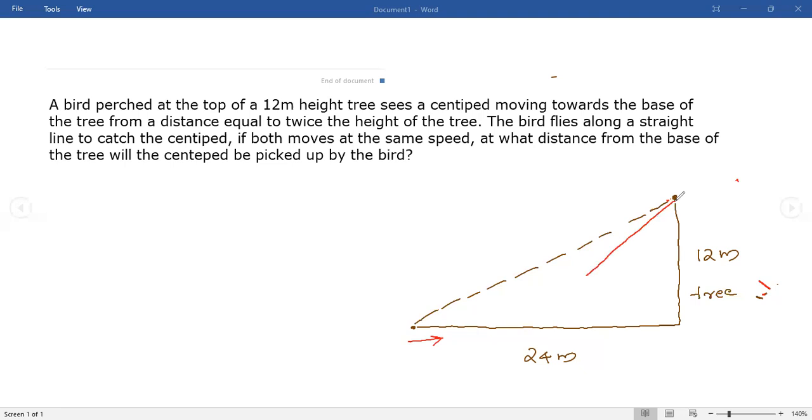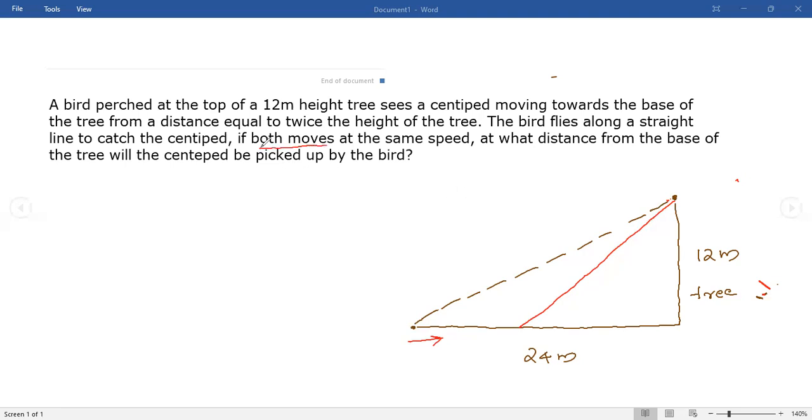If it is moving in this line, then only it will be able to capture the centipede, because the centipede is moving towards the tree. So the bird has to move in this manner. The bird will be selecting this pathway, then only it will be able to capture the centipede.